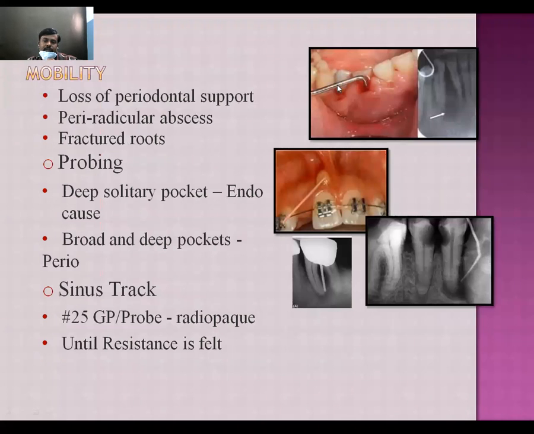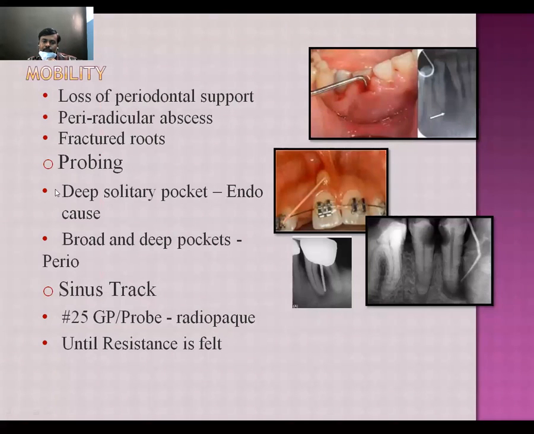In any endo-perio lesion, mobility will be present because of loss of periodontal tissues, or because of a periradicular or periapical abscess and fractured roots. Because of these causes, mobility will be present in endo-perio lesions.